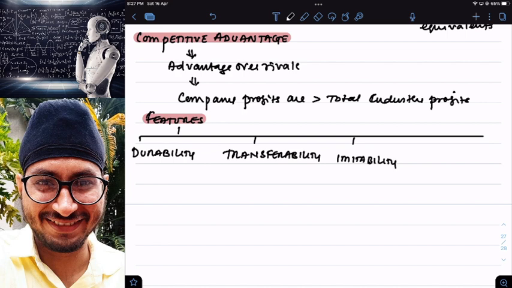And number four, appropriatability. Clear? So the features are durability, transferability, imitatability, appropriatability.